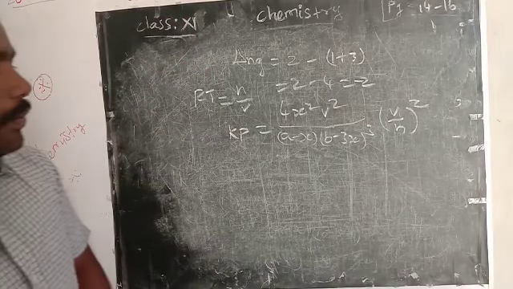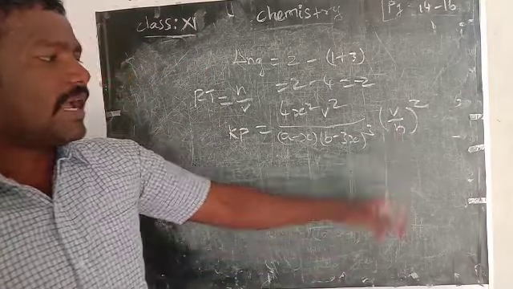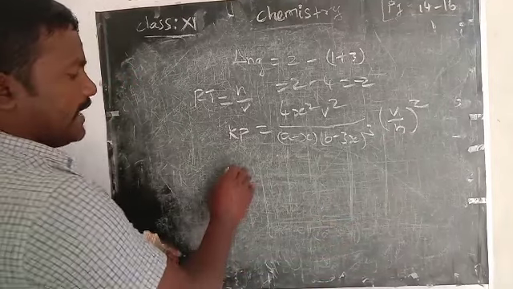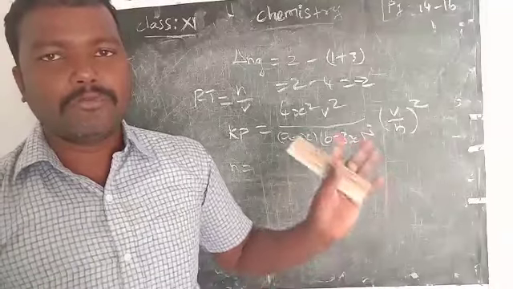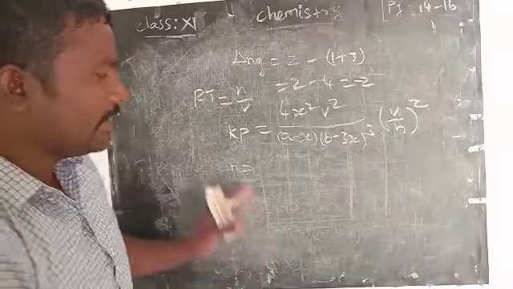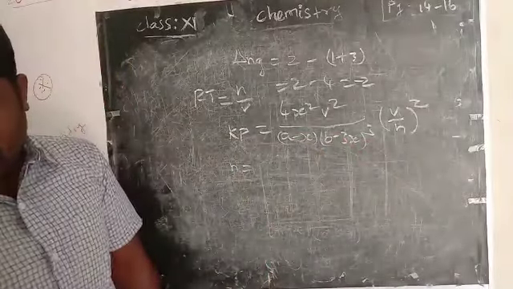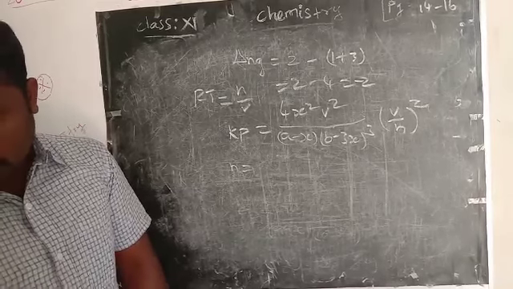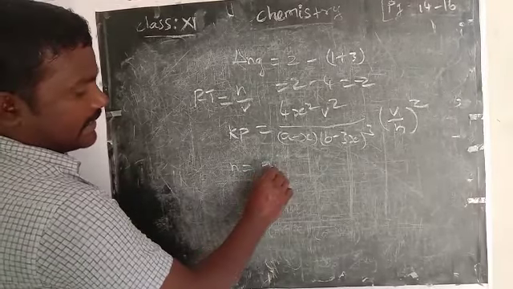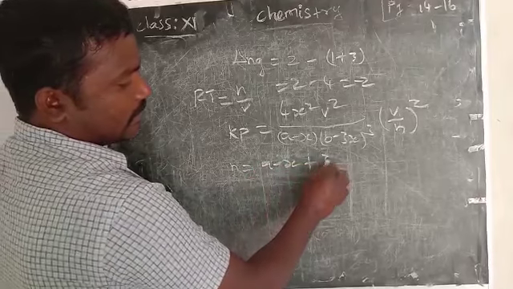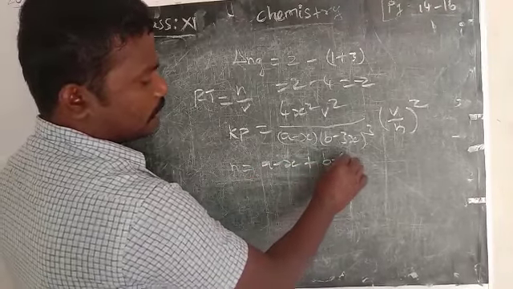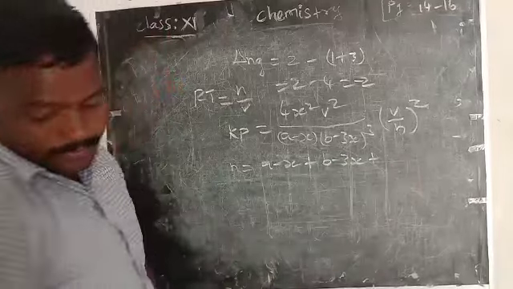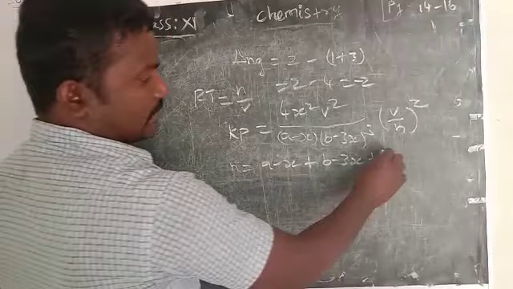Right? Now the N value you want to find. How do you find the N value? If you add up the remaining concentrations, you will get the number of moles. What is remaining? a minus x plus b minus 3x plus 2x.